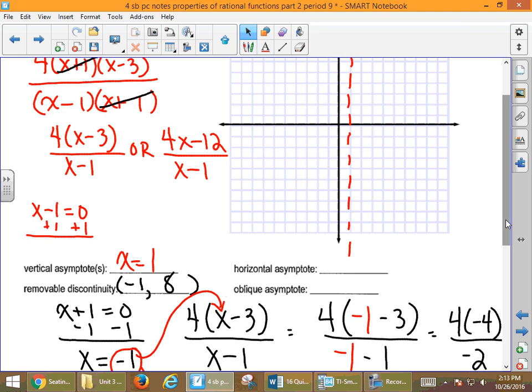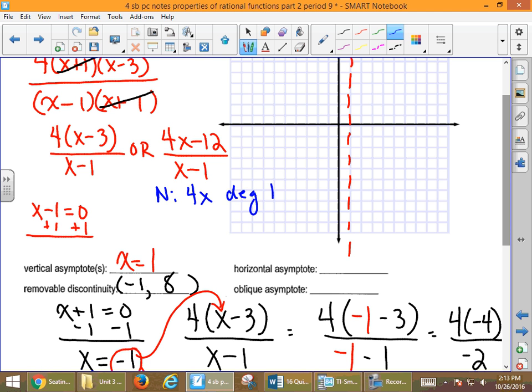So in our numerator we have 4x, and the degree of that is 1. In the denominator, we have x. The degree of that is 1. And because we have the same degree on the top and on the bottom, that means we're not going to have an oblique. We're going to have a horizontal.